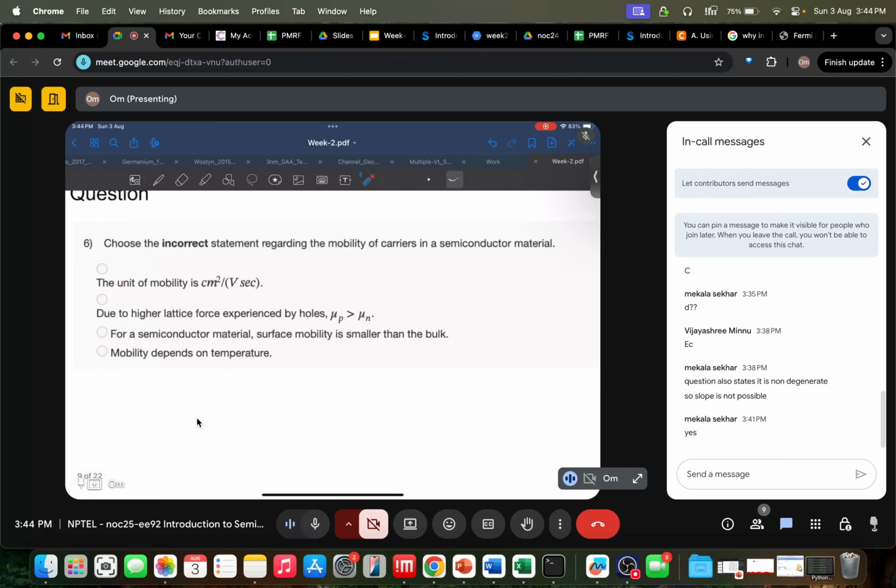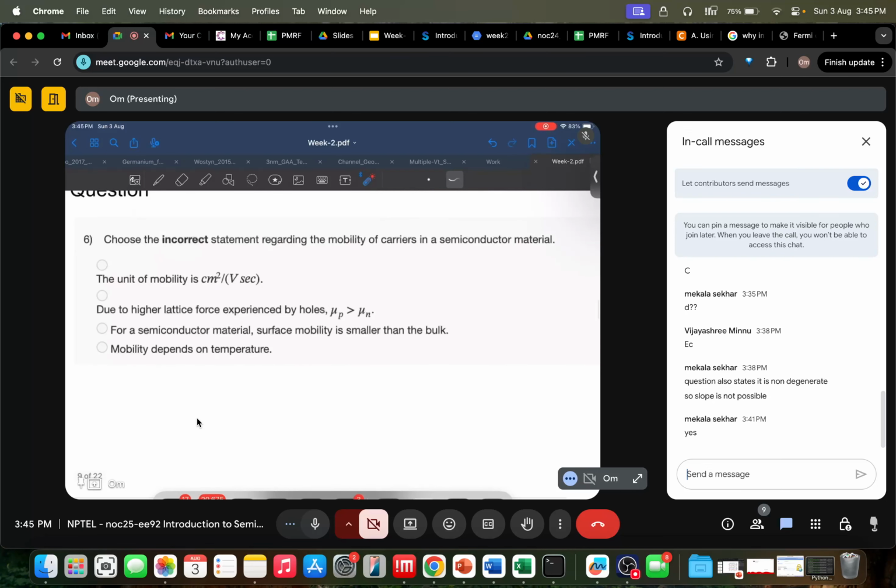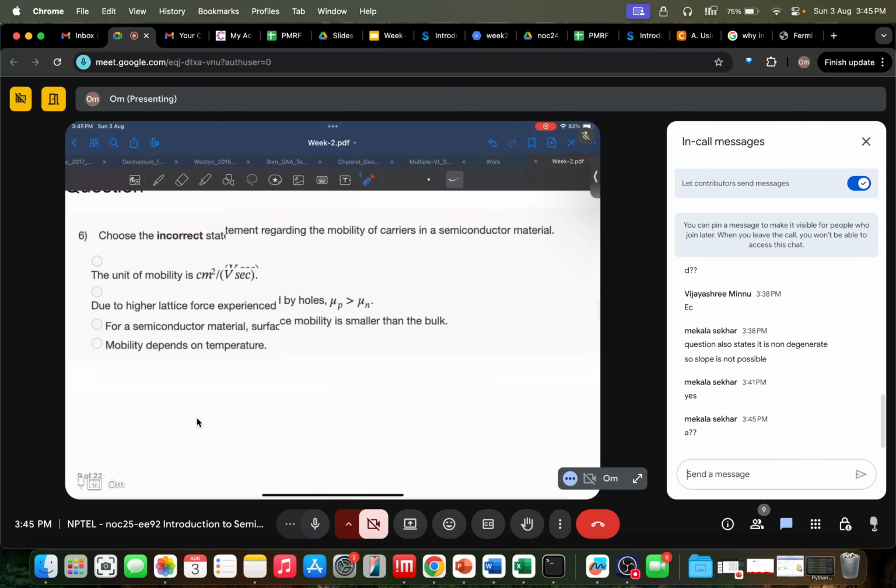Second is higher lattice force experienced by holes, so mu p is less. Third, for semiconductor material, surface mobility is smaller than the bulk. The last part is mobility depends on temperature. So, which of these is incorrect? A is correct.